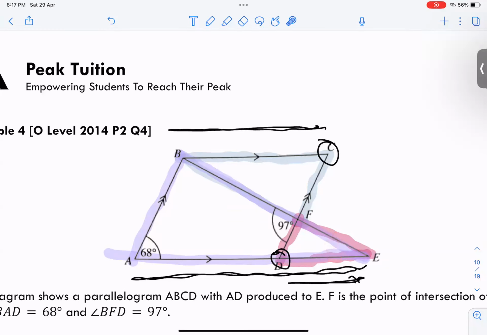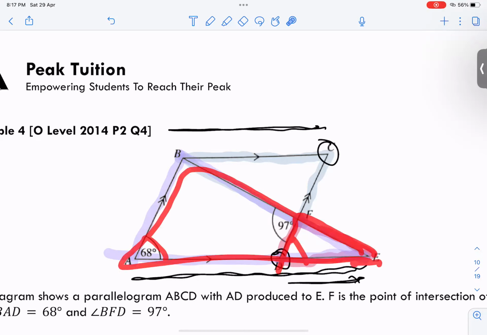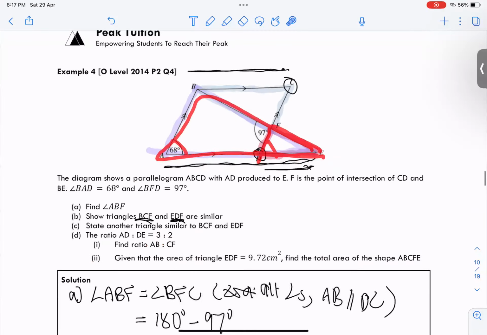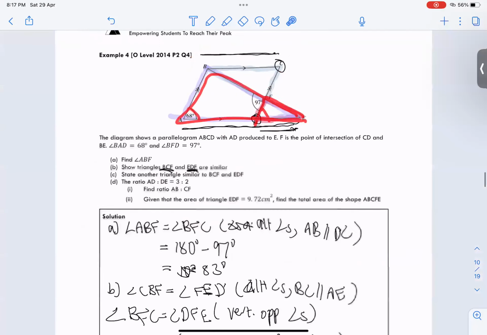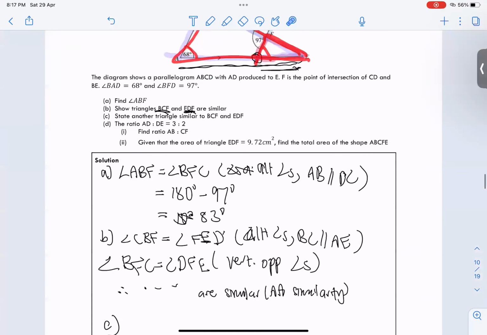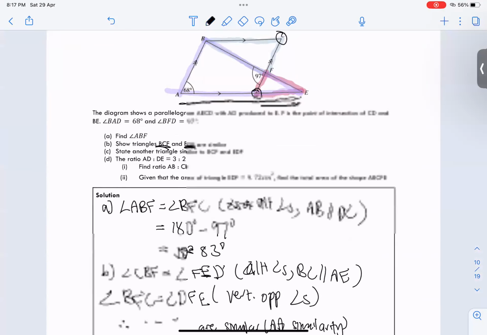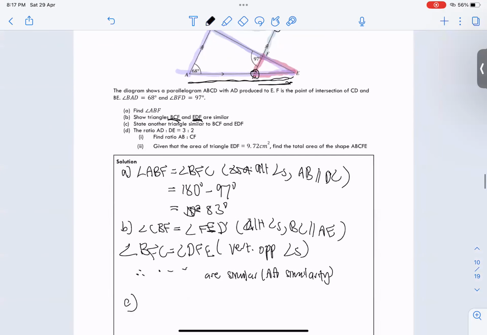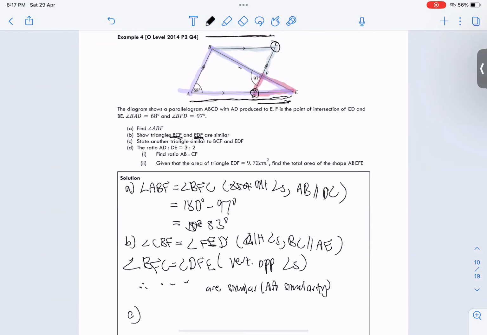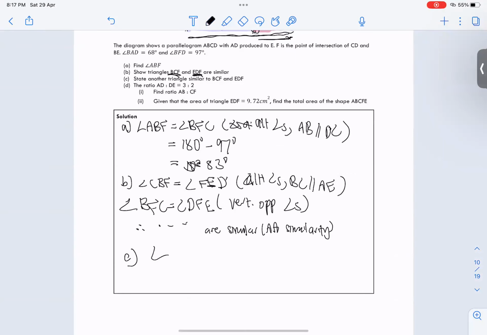So since they have two same angles, you know that this triangle and this triangle are similar. Then you just need to write another triangle that's similar. Okay, EFB and EBA are similar. So triangle EBA.